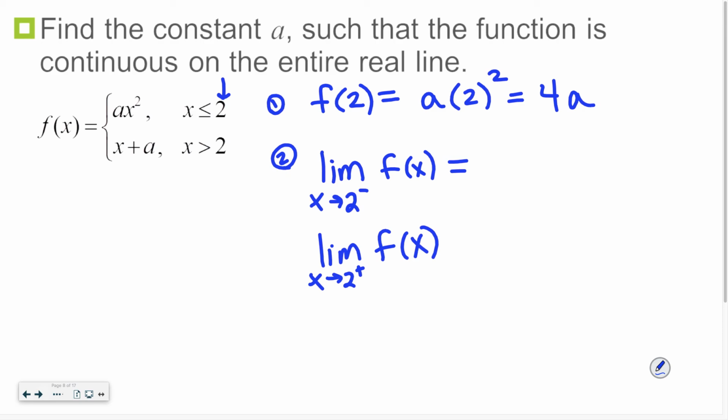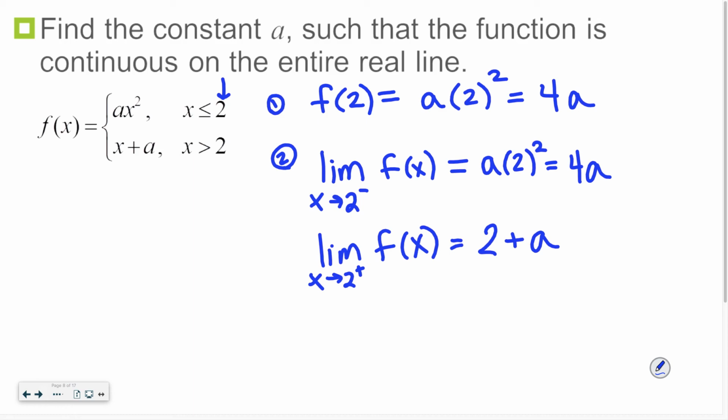Okay, x is less than or equal to 2. We're using direct substitution in the top piece. I know it kind of feels like we already did that, but we're looking at the limit as opposed to the function value. Okay. Now, for our right-hand limit, we're going to use direct substitution down here in the second piece. So x plus a.